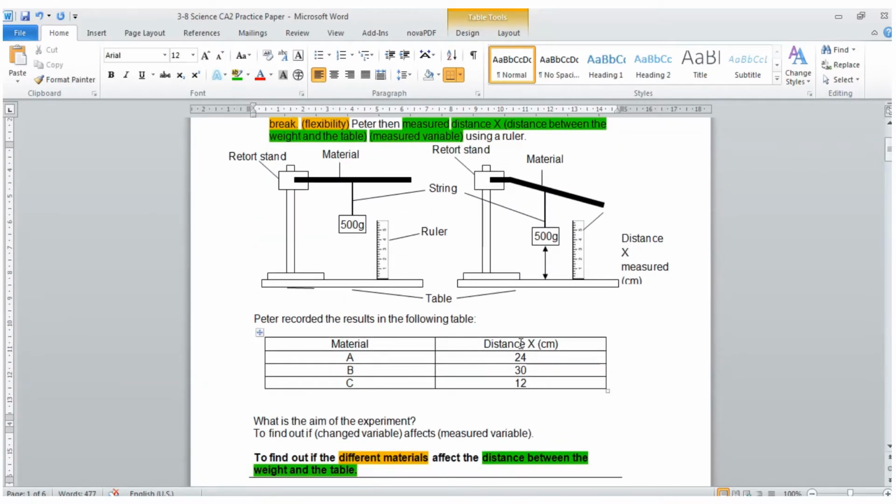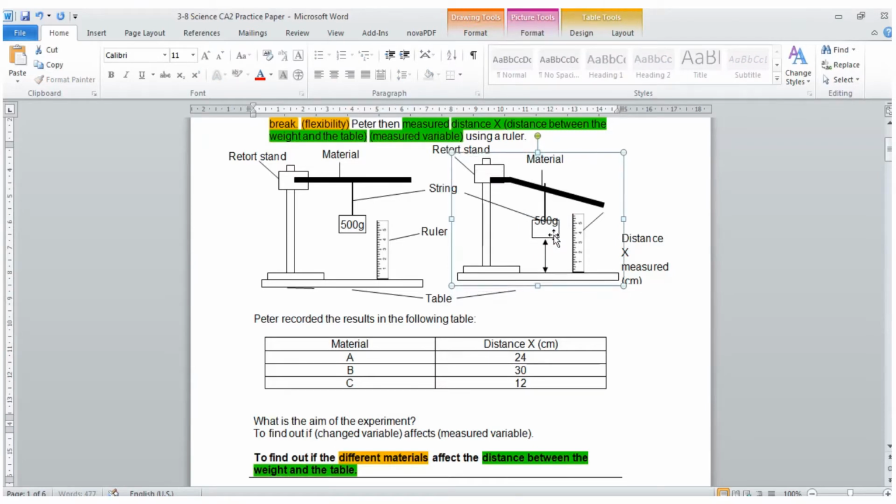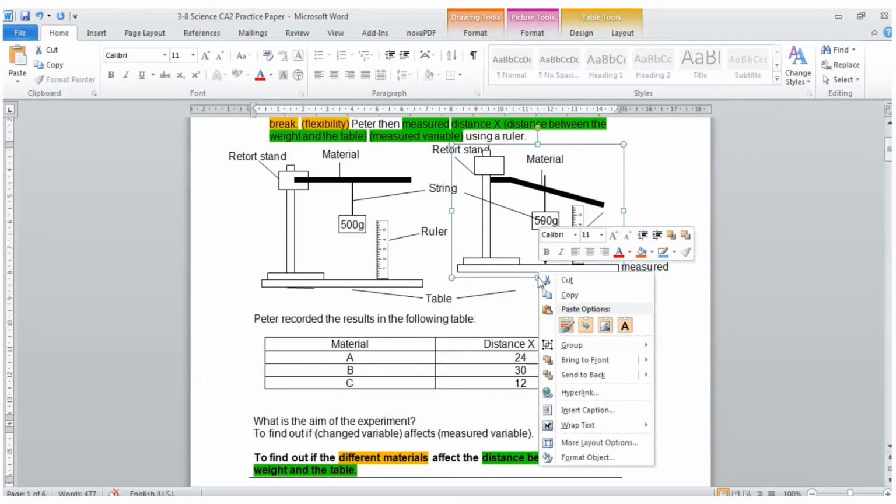So here, material A, the distance between the weight and the table is 24. It's further away. That means the weight is further away from the table, which means if I have this weight here, I can move it up. It's further away from the table. Oh dear, this whole thing is following.